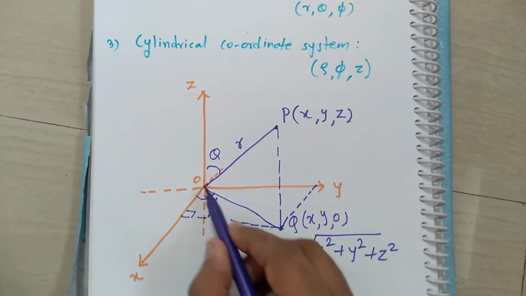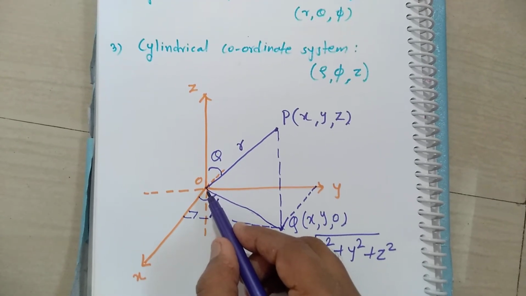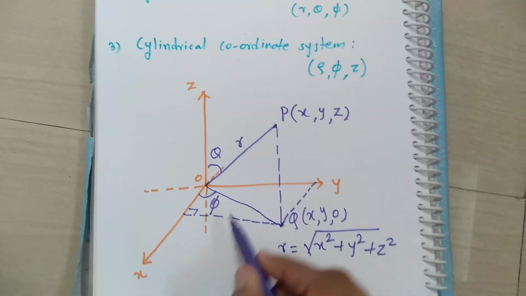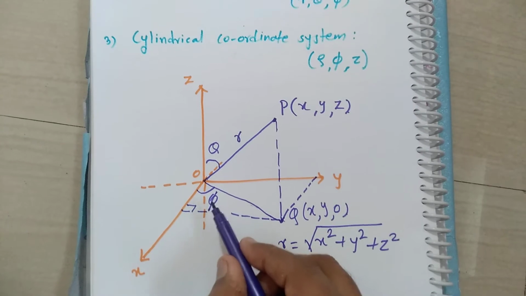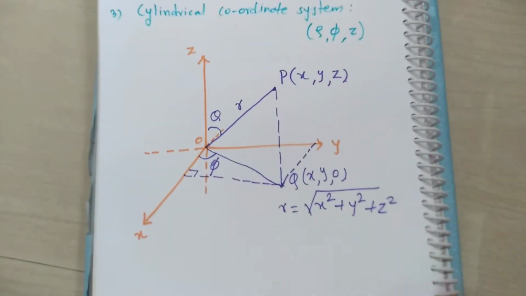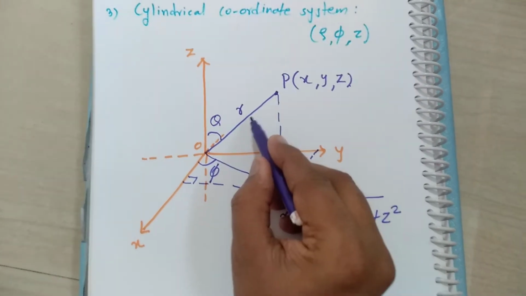Join this point to the origin, one more radius vector, and the angle made by this radius vector OQ with the positive x axis is the horizontal rotation phi. Correct?